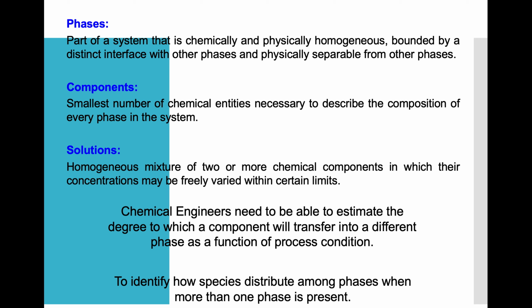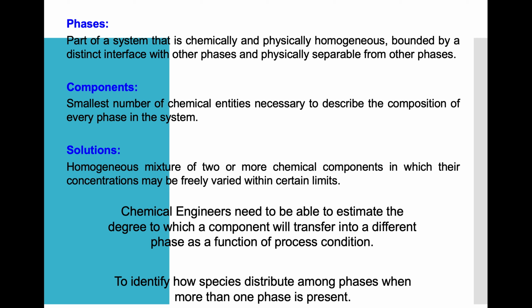In the meantime, components are the smallest number of chemical entities necessary to describe the composition of every phase in the system. And what are solutions? Solutions is the homogeneous mixture of two or more chemical components in which their concentration may be freely varied within a certain limit.